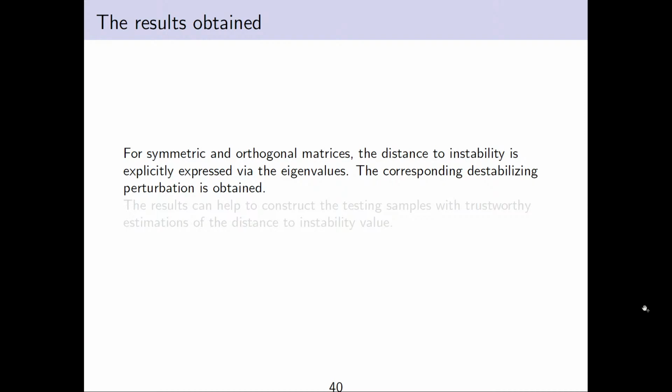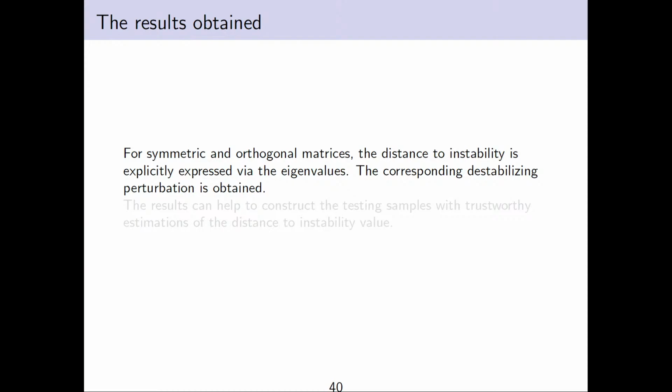So I'd like to sum up my talk. We consider the problem of finding the real radius of stability for a stable real matrix. We considered two cases, the class of symmetric matrices and the class of orthogonal matrices.